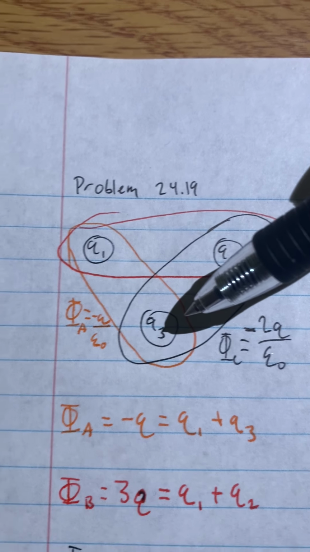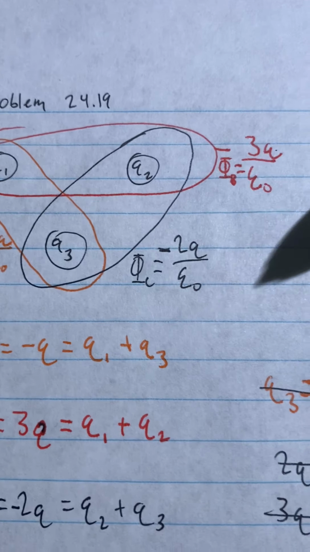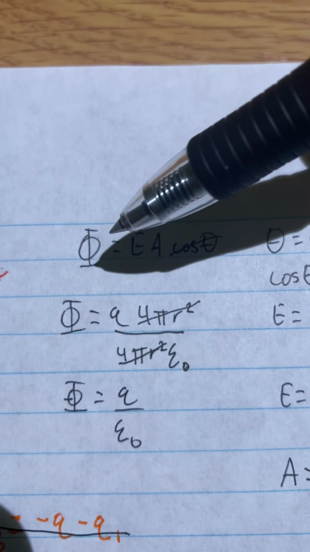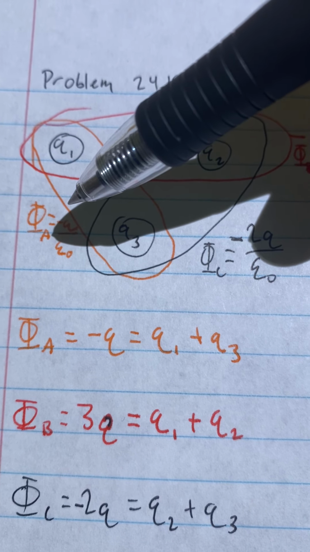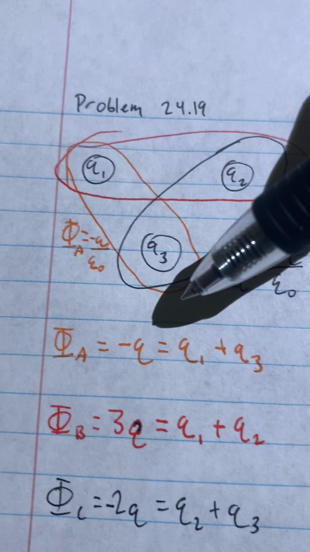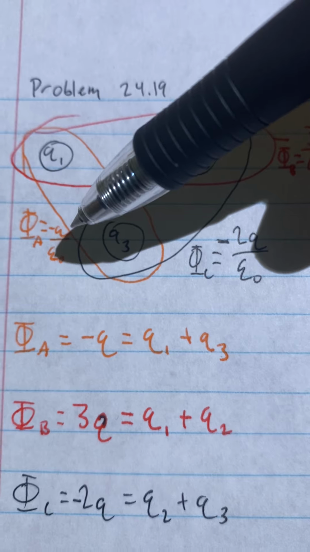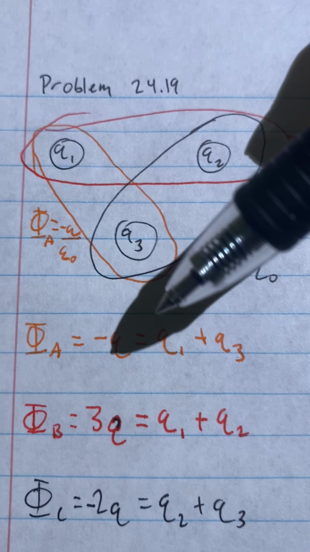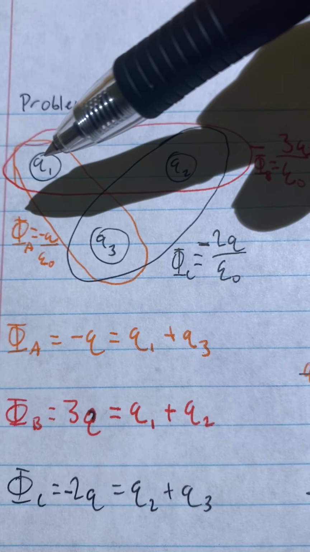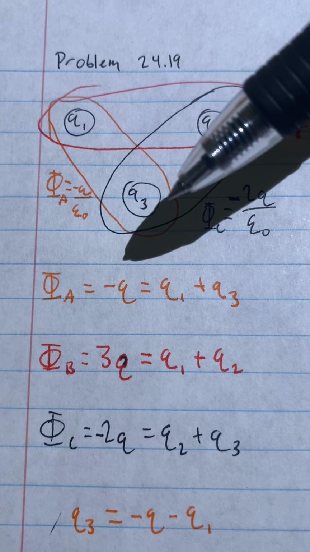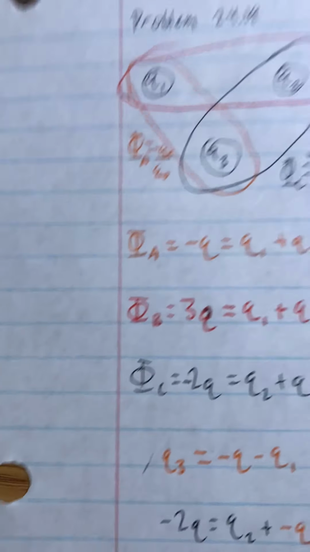So we can really just add those two up. It'd be q1 over epsilon naught for the flux from that one point charge, and then the flux is equal to q1 plus q3, because they're all over epsilon naught, so we can ignore that for now. We do that for every single surface. Surface B, which is the red, would be q1 plus q2, and the third surface, surface C, is just q3 plus q2, and it's all written down here.